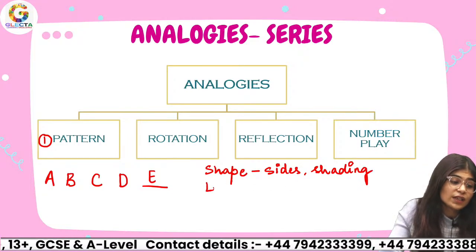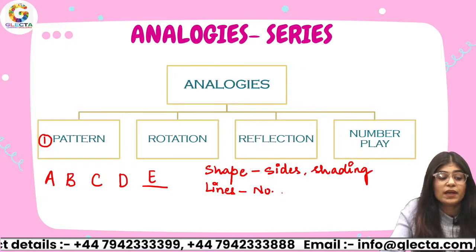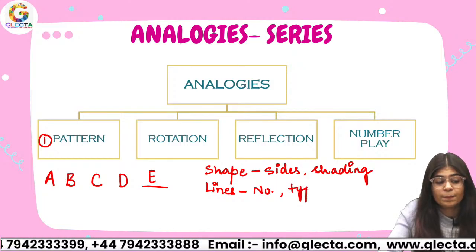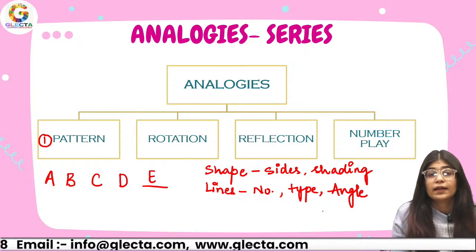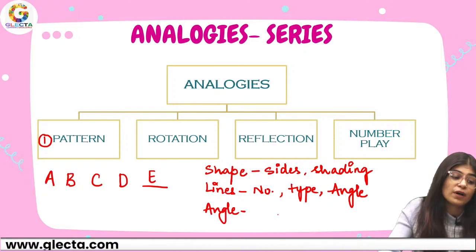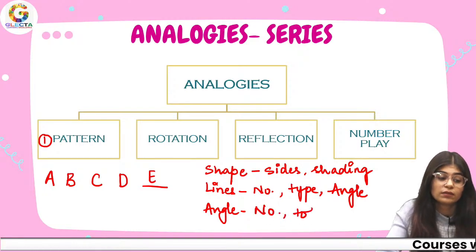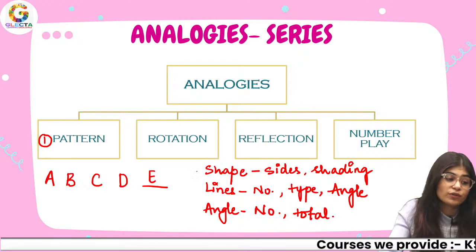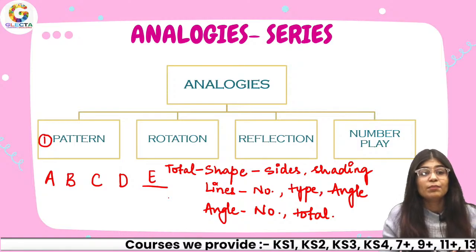Then it can be about lines as well: the number of lines, the type of line, the angle of line. It can also be about angles, the number of angles and total angle. It can be about the total number of shapes as well.